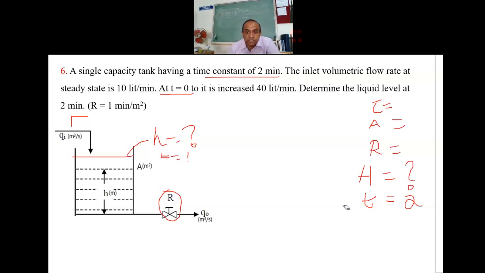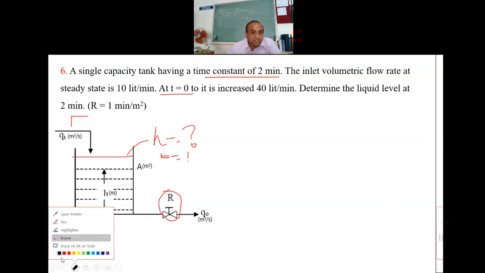Please remember, tau is given, A is given, resistance is given, time is given, and H, the liquid level, you are supposed to find. He has asked for the height, the liquid level after 2 minutes.